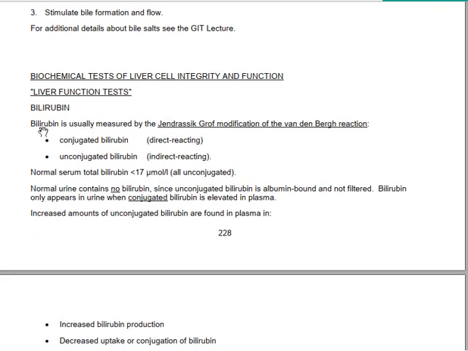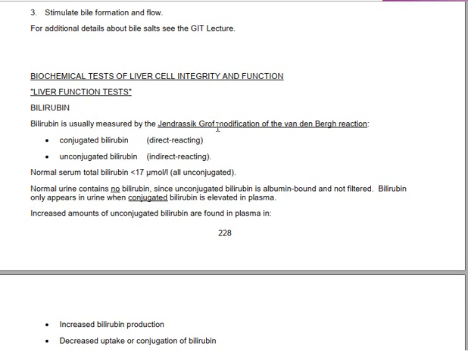So bilirubin is usually measured by the Jendrassik-Grof modification of the Van den Bergh reaction. Is it clear? So conjugated bilirubin is also called direct bilirubin because it's going to have a direct reaction, while unconjugated bilirubin is also called indirect bilirubin because it's going to have an indirect reaction in the Jendrassik-Grof modification.